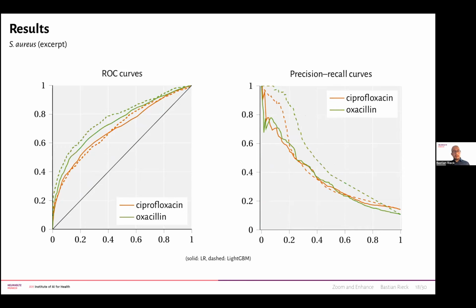It's similar in the case of S. aureus and two of these other antibiotics. So overall, we now have lots of insights into how these classifiers perform, and we can confidently state that in general, the prediction of antimicrobial resistance appears to be feasible with standard machine learning methods.